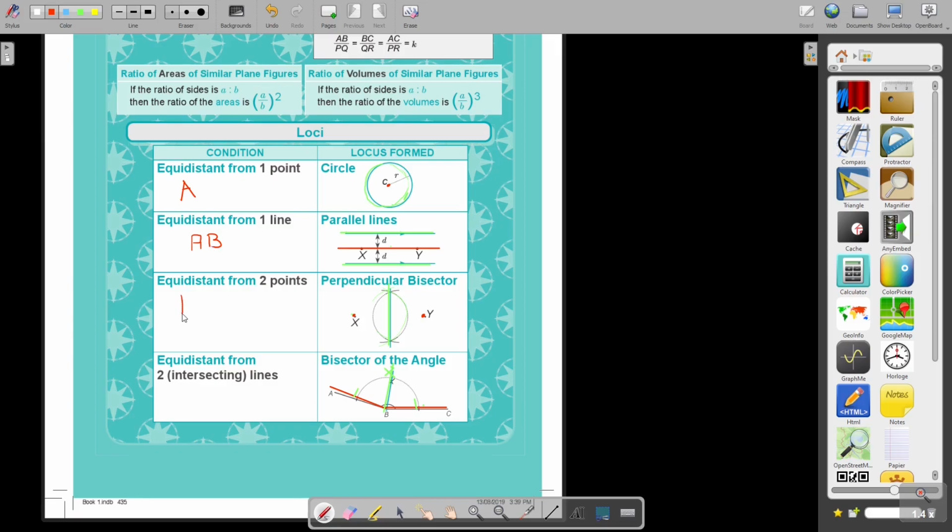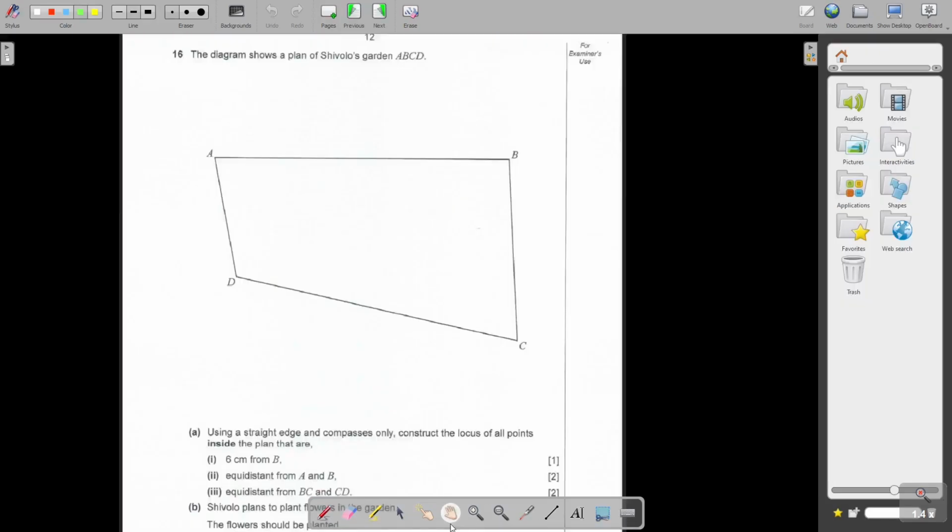From 2 points, they will say A and B, so they put an "and" in between. And from 2 lines, it will be A, B, and then repeating the letter B, C. That is the way that they will describe it, so that will already give you an idea.